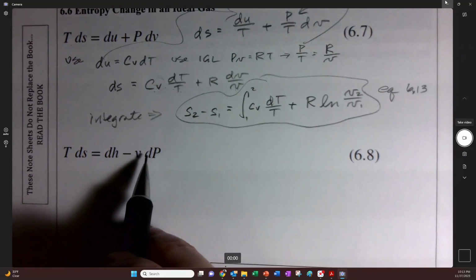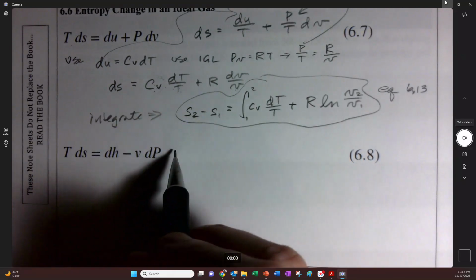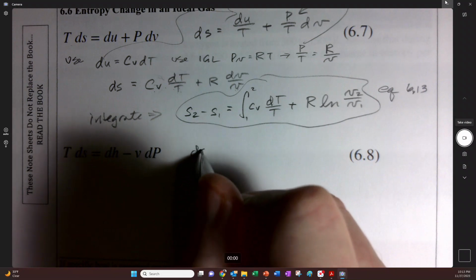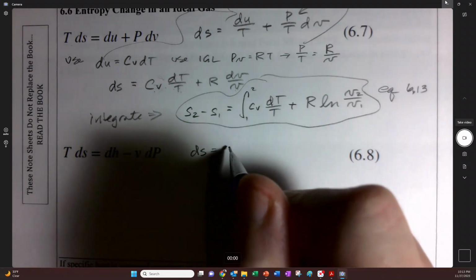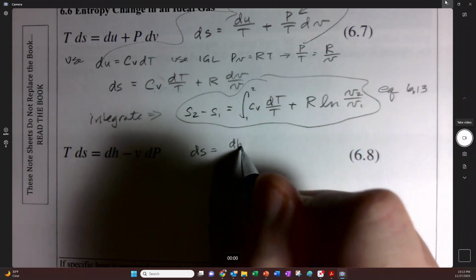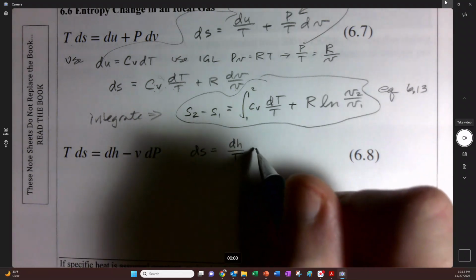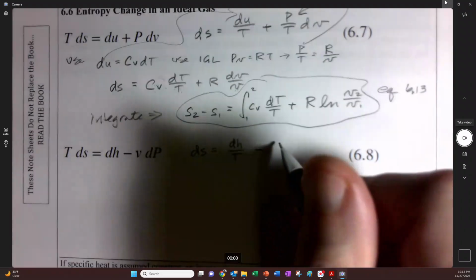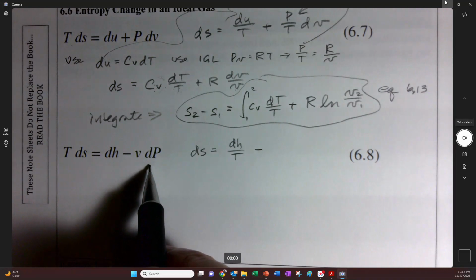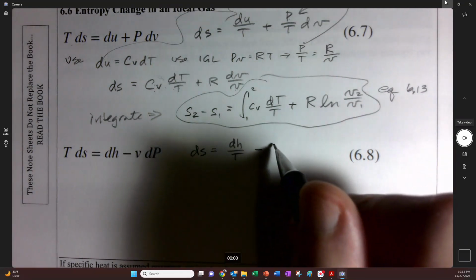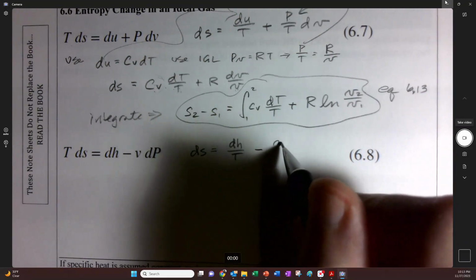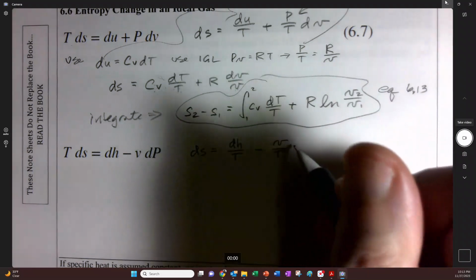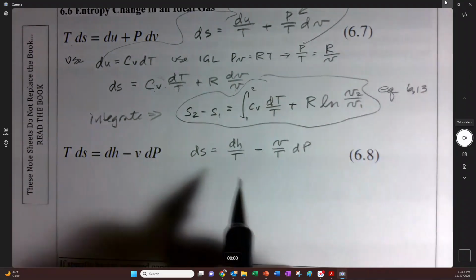In a similar way, we can divide through by temperature. So ds is equal to dH over T minus V over T dP.